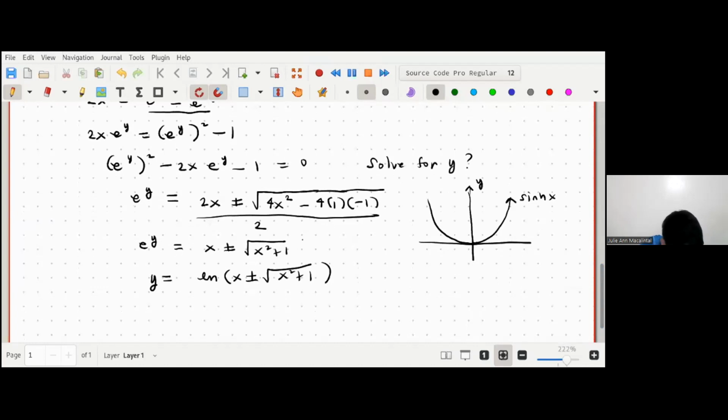So if x is negative, so if x is less than 0, ano yung appropriate na sign?